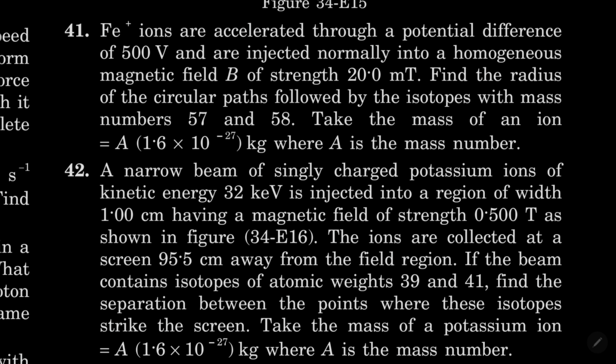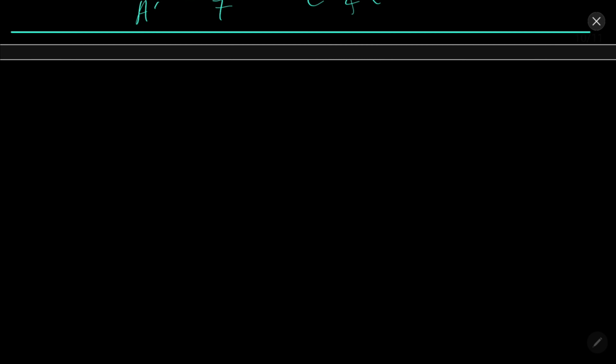In 41, find the radius of the circular path followed by the isotopes. Solution 41.